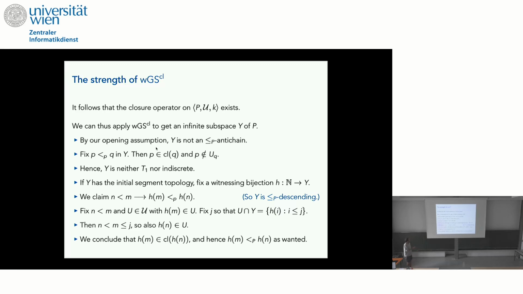And what we can conclude is that if n is less than m, then this function H is order anti-preserving; it reverses the order. And from that, what does it mean? It means that the image is descending under the partial order, as the numbers are ordered.